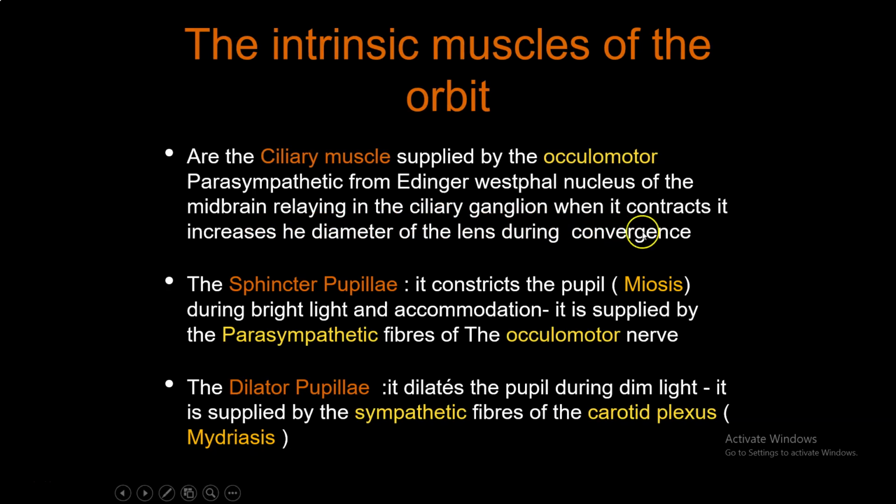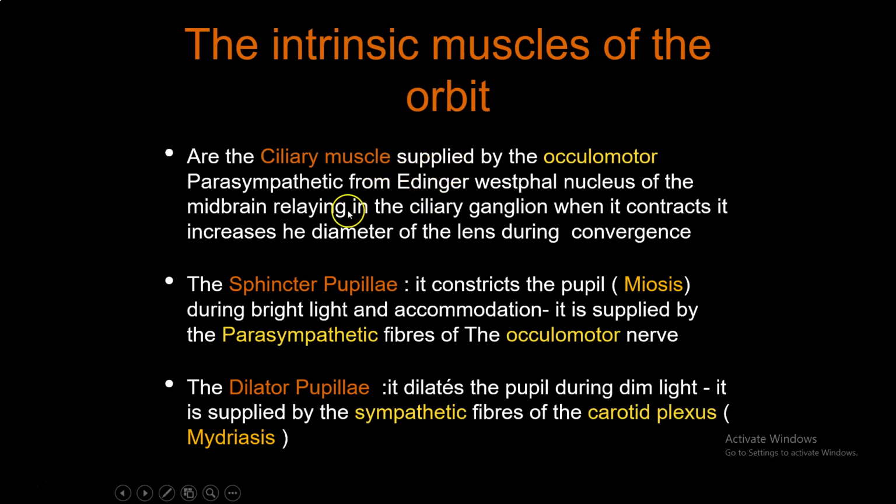So when you do convergence, we have 3 things. We do convergence of the eyes by the medial recti. We have the contraction of the ciliary muscles, which increases the diameter of the lens, and meiosis. So convergence is mainly a parasympathetic task.